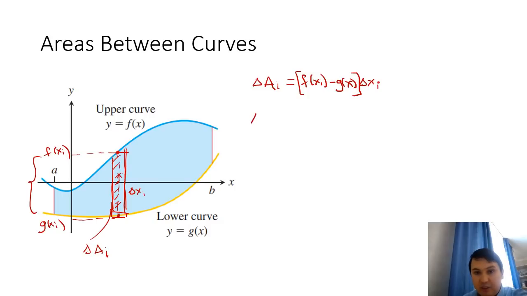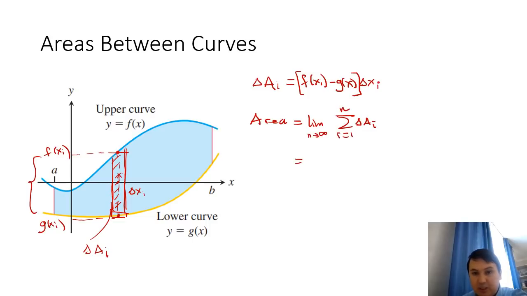Then to find the whole area, it's going to be the sum of all these areas. But I need to consider smaller partitions, so this delta x needs to get smaller, and I need to take a limit as n goes to infinity of the sum for i from 1 to n. Let's say my partition has n elements.